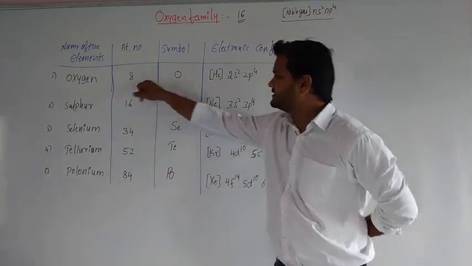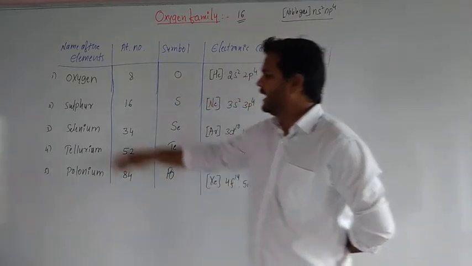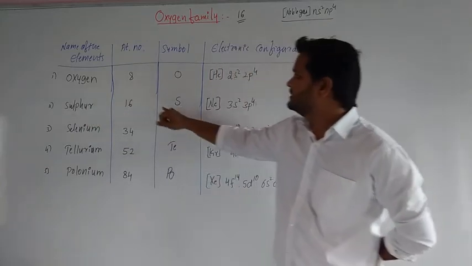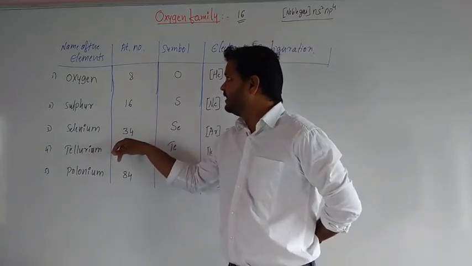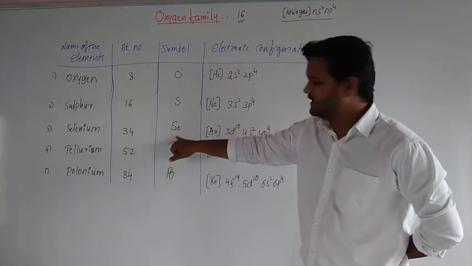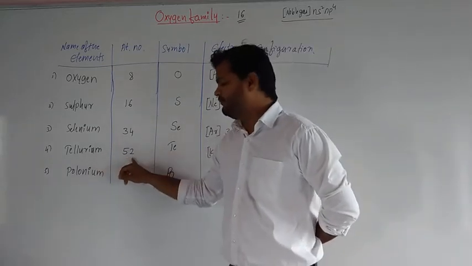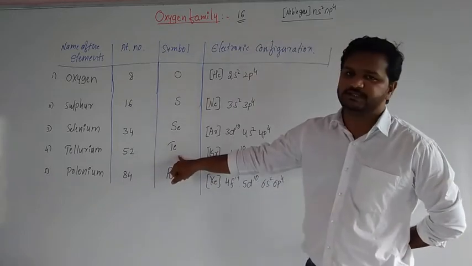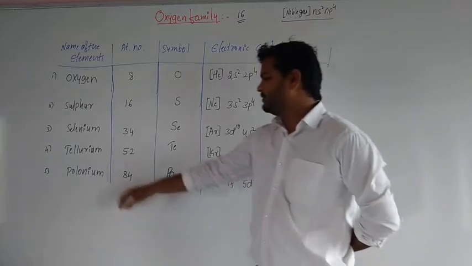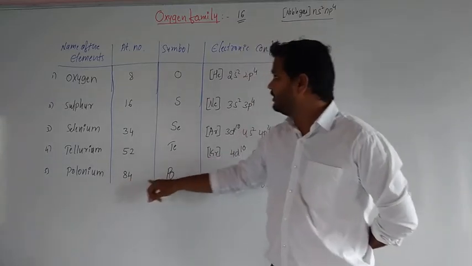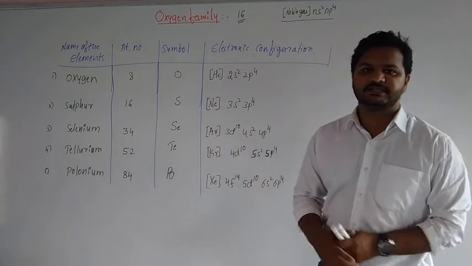Oxygen atomic number 8 symbol O, electronic configuration is helium 2s2 2p4, and sulfur atomic number 16 symbol S, neon 3s2 3p4, and next one selenium atomic number 34 symbol Se, argon 3d10 4s2 4p4, tellurium atomic number 52 symbol Te, krypton 4d10 5s2 5p4, and next one polonium atomic number 84 symbol Po, xenon 4f14 5d10 6s2 6p4.